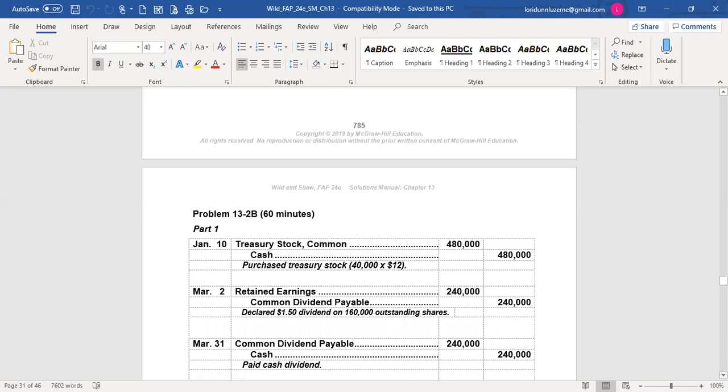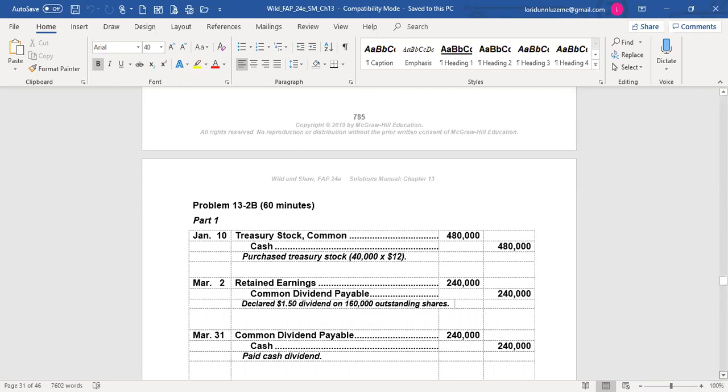The next transaction. Now the company is going to begin selling some of that stock that they bought of themselves. They're going to take 24,000 of the 40,000 shares they repurchased and sell them for $13 per share.